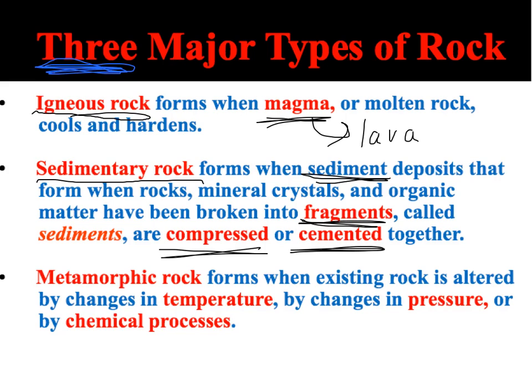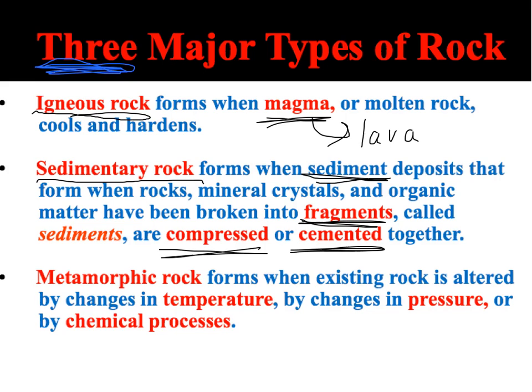So you get layers of sedimentary rock. Sedimentary rock are the rocks with the fossils in it. And as you start digging down into the earth, after you get through the soil, you start getting into the sedimentary rocks, your limestones, sandstones, rocks like that.